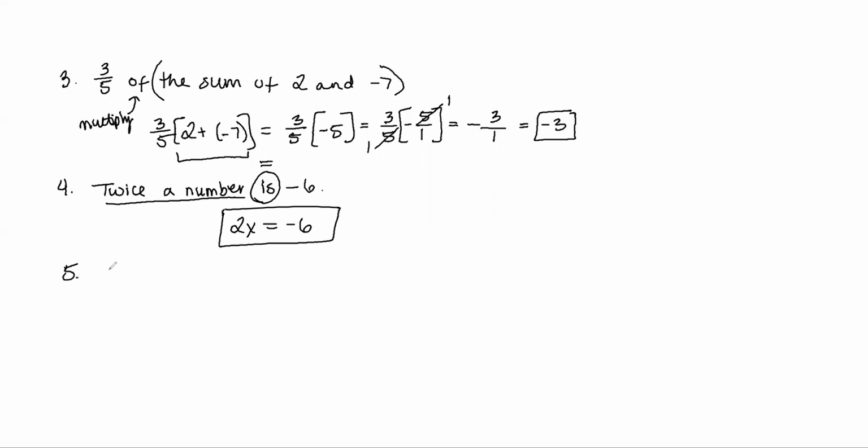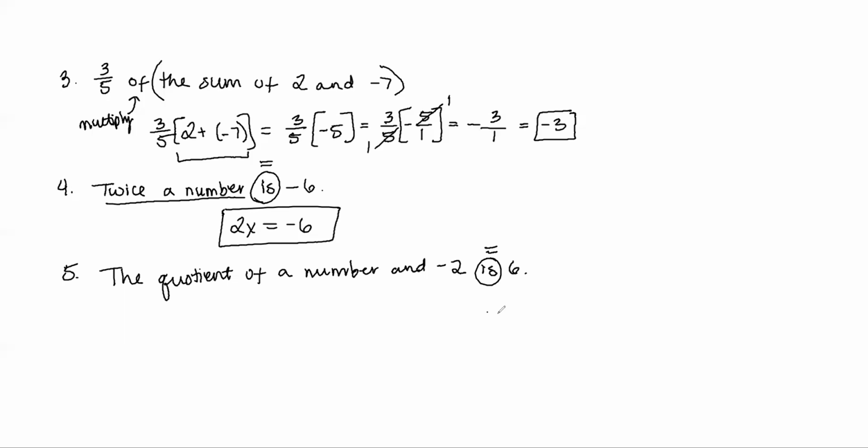And finally, the last one, the quotient of a number and -2 is 6. So again, our keyword here is for our equal sign.